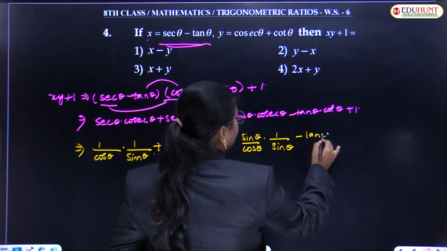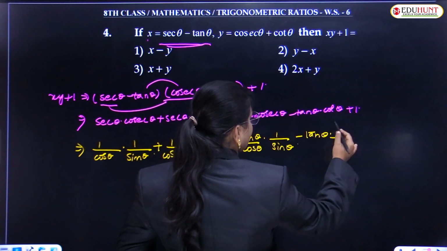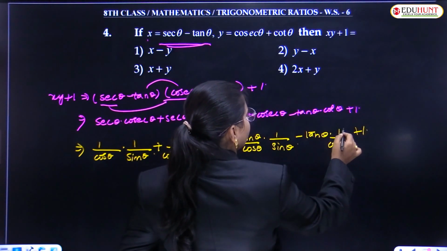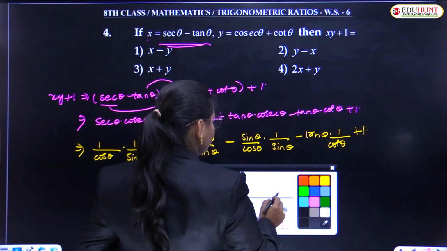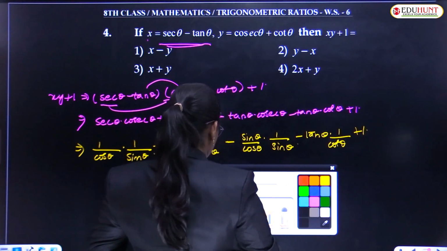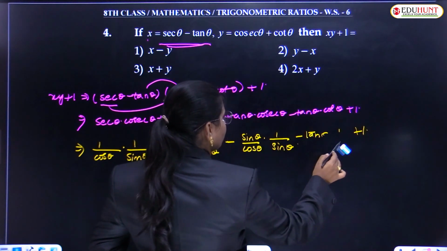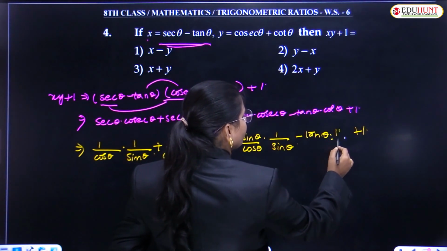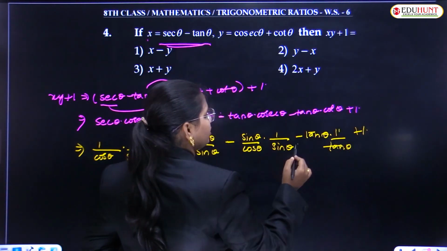Minus tan theta into cot theta: cot is the reciprocal function of tan, so cot can be written as 1 by tan theta.